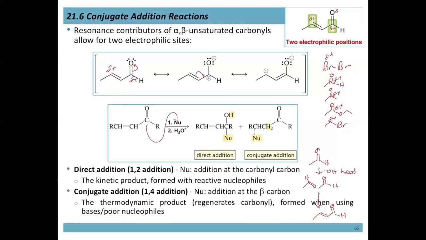We could add in what we call a direct addition, which is what we did when we attacked carbonyls as well as carboxylic acids. That direct addition is essentially what we did in the aldehyde and ketone chapter. Or we could do what's referred to as a conjugate addition, a 1,4 addition. And that's what we're going to focus on in this chapter.